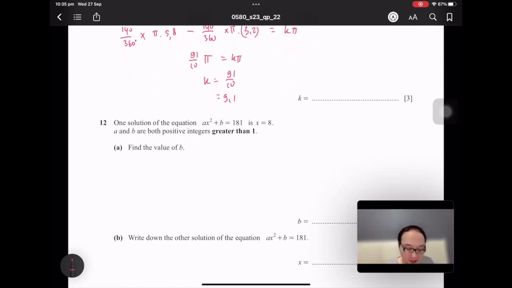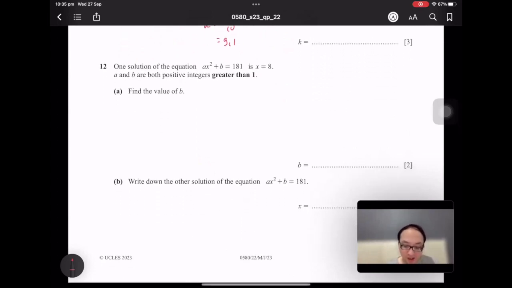One solution of the equation is x equals 8. A and B are both positive integers greater than 1.